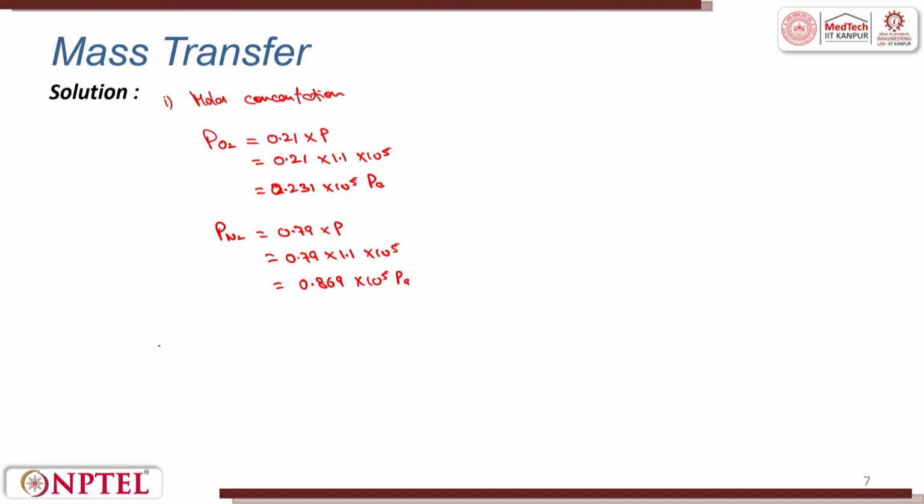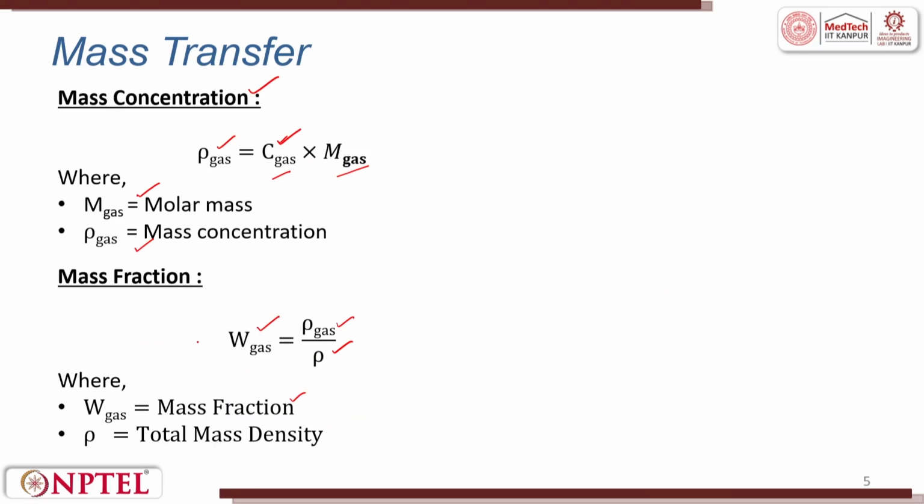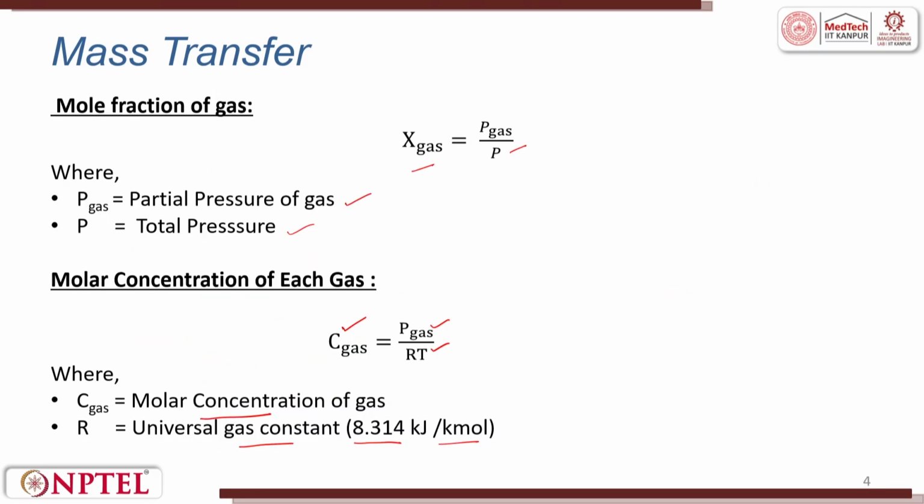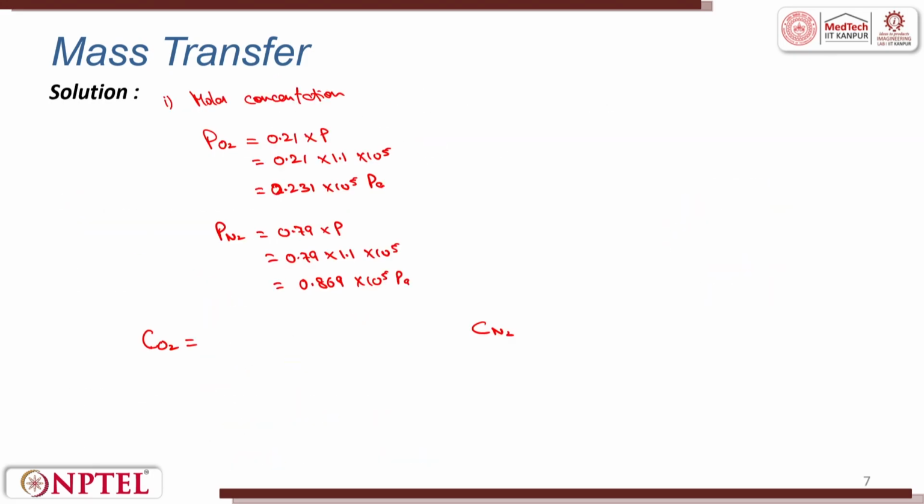Now for molar concentration, I will try to find the concentration of oxygen and the concentration of nitrogen. From the relation, this molar concentration is the partial pressure of the gas divided by R into T. So I will put this formula: CO2 is equal to P for oxygen by RT.